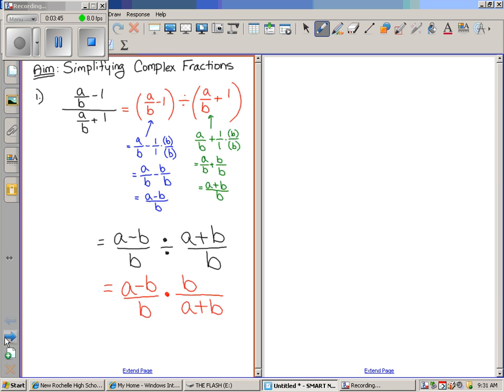Cross cancel this and this. Yep. And that's the answer. So that's the extremely, extremely long route, but it can always be done.